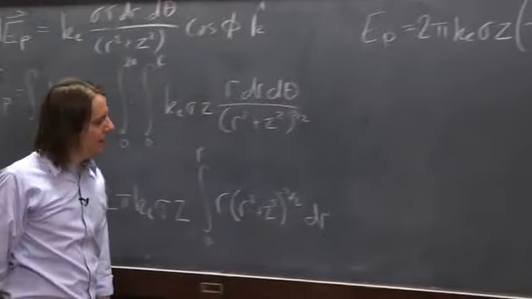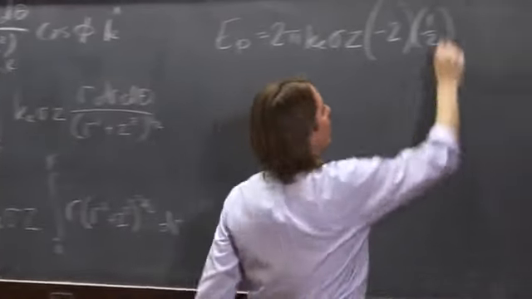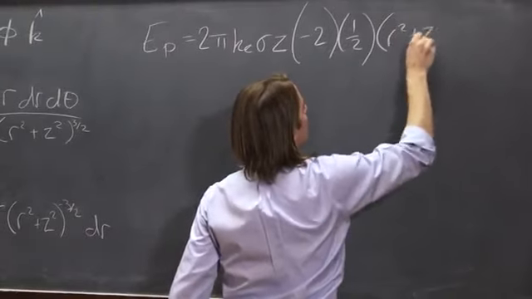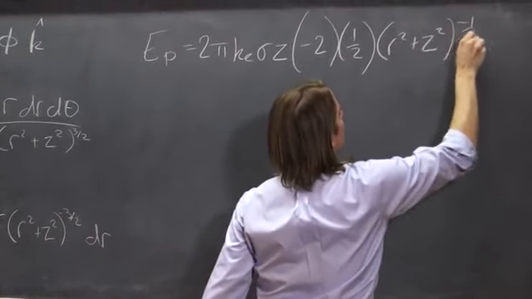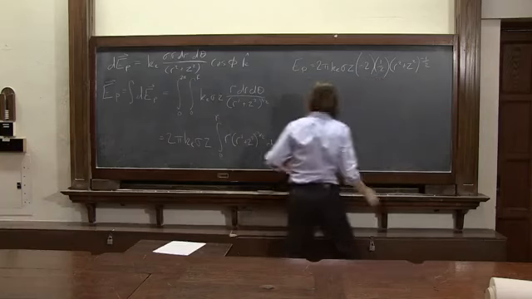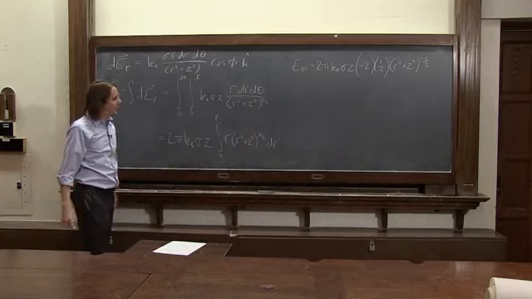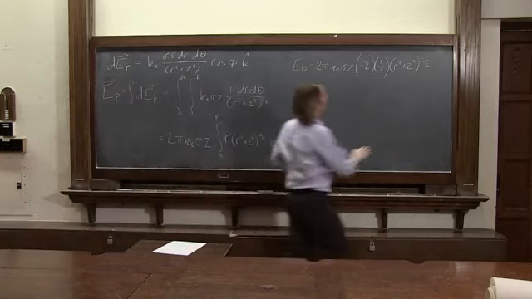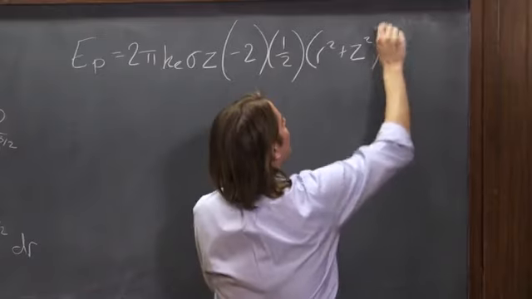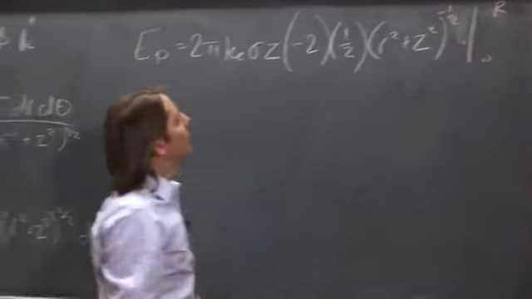Doing that again. And then it becomes this to the minus 1/2. Right? r squared plus z squared to the minus 1/2. I like doing these integrals better writing it out this way than having the square root things in the bottom. It just depends on how you want to do it. And that's evaluated from 0 to R. This is 2 to the minus 1/2, evaluated from 0 to R.